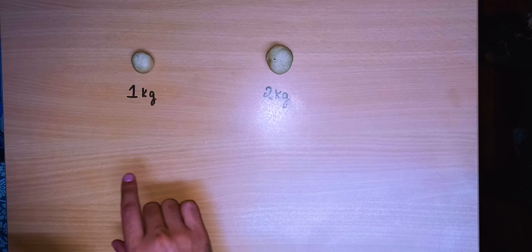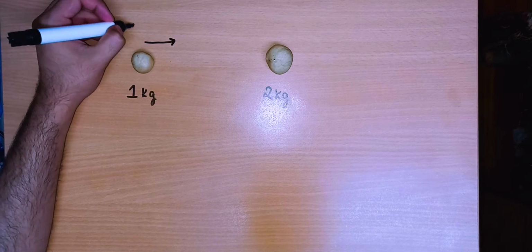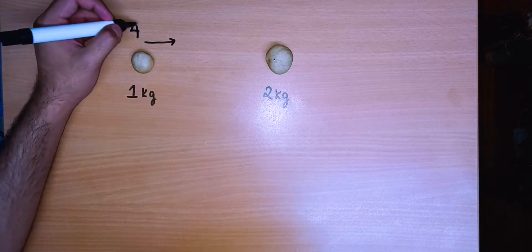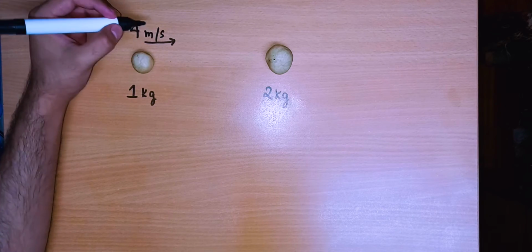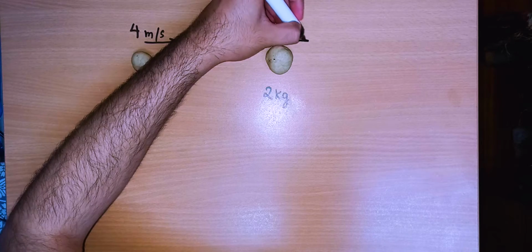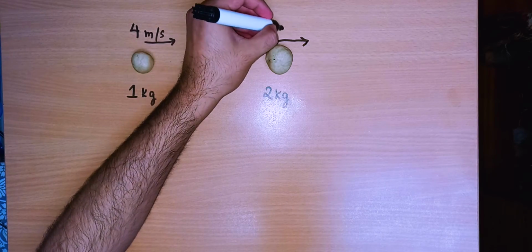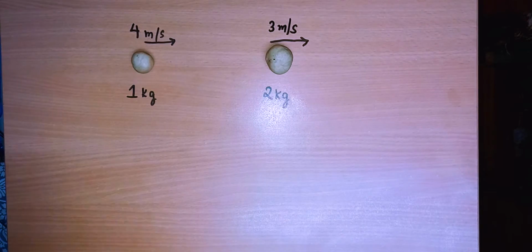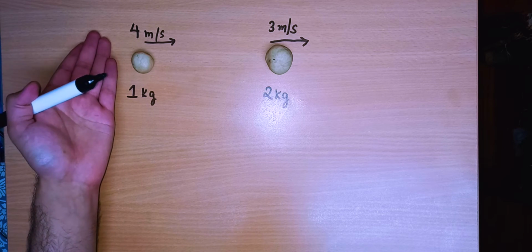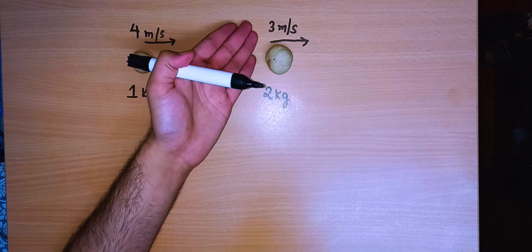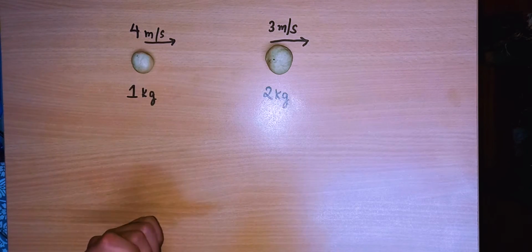The first one was moving at 4 meters per second in this direction, and this one was moving in this direction at 3 meters per second. The ball moving at 4 meters per second is faster than the one moving at 3 meters per second, and therefore after some time it will hit the other ball.